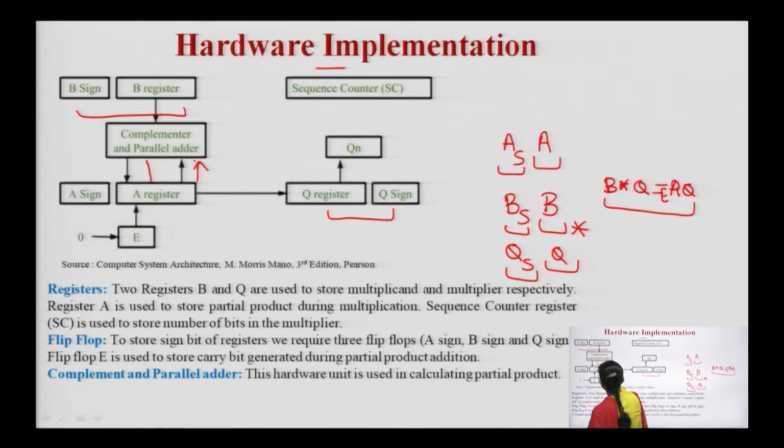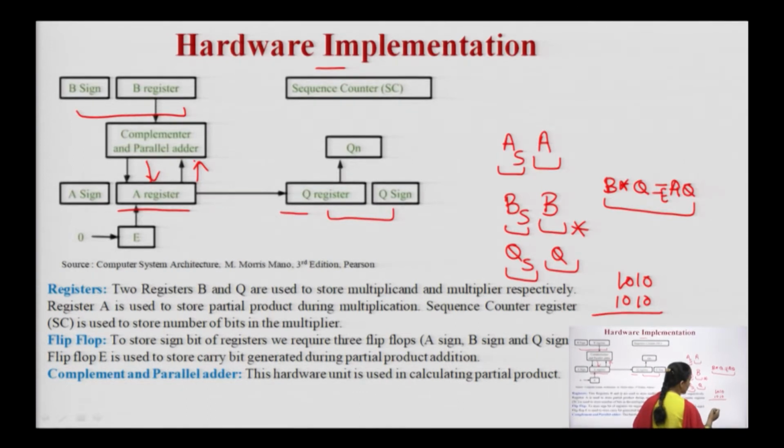Then the resultant is coming in AQ, because when we are multiplying two numbers, it is not possible to get the result in one register. Suppose we are multiplying 4 bits with 4 bits, then the result can carry a maximum of 9 bits.